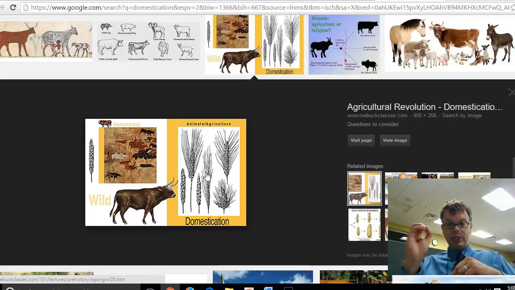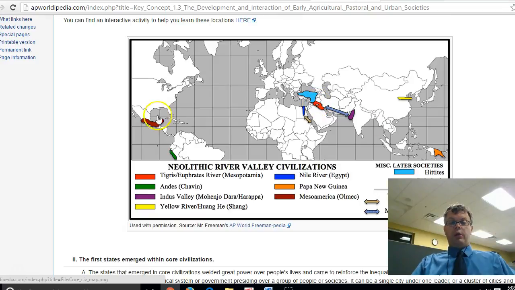So again, domestication is very significant because we go from our Neolithic river civilizations, which are the first ones to really domesticate plants and animals, and eventually that idea will spread all over the world, and basically our civilizations beat the hunters and gatherers after a while, because there are some hunters and gatherers, but not too many of them left.